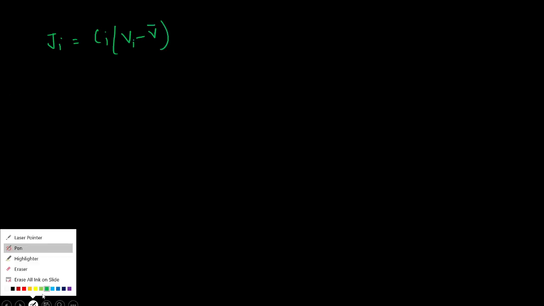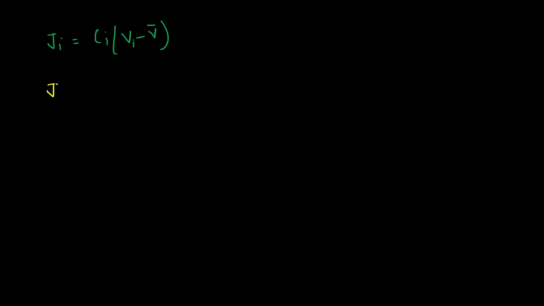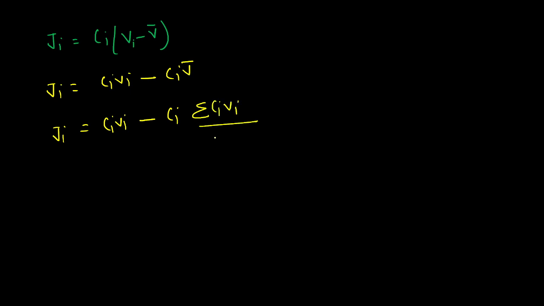Now we have written Ji equals Ci times (Vi minus V bar), right? So Ji equals Ci Vi minus Ci V bar, where V bar equals summation of Ci Vi upon summation of Ci, right? I think everything is clear up to this.